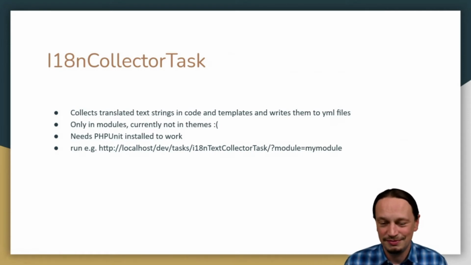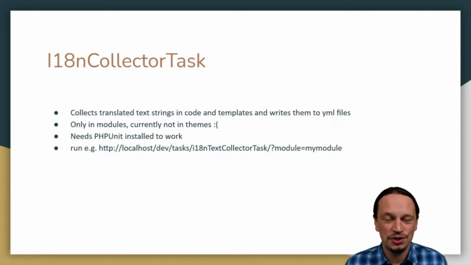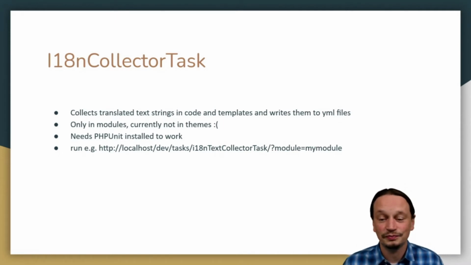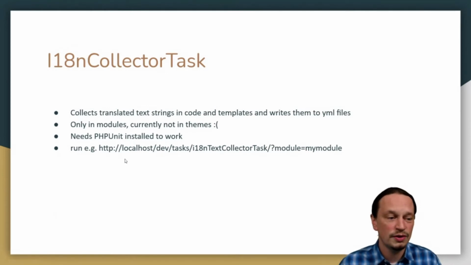But you can collect the other stuff on your development machine, best on your development environment, because it needs PHP unit installed to analyze the PHP code. And then you can run it like every other dev task, either from your web browser or from your CLI.